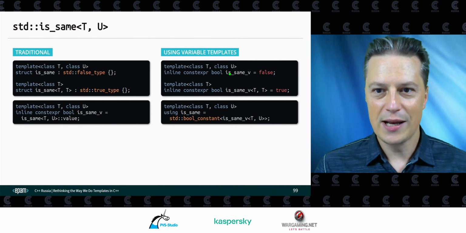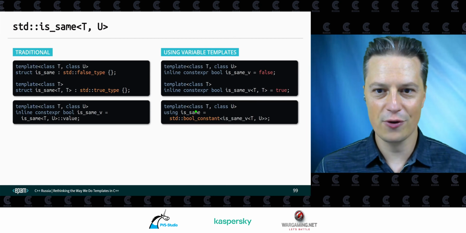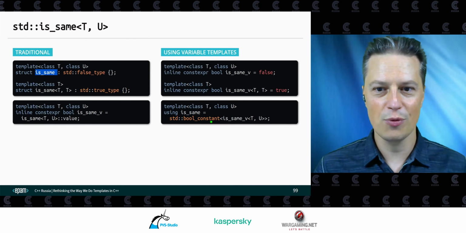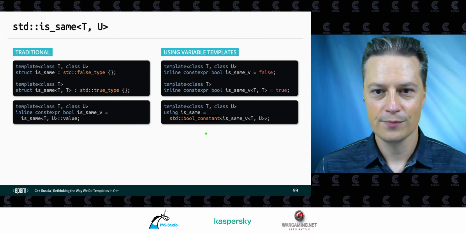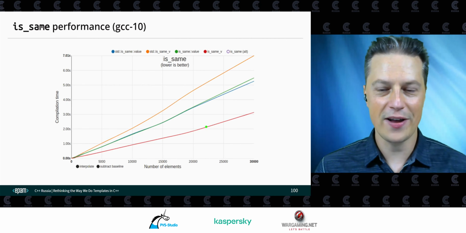We can implement the same using variable templates with variable template specialization that does the same, and provide using is_same for the type trait. So this one basically is an instantiation of bool_constant. And the result is that the variable template is the fastest one.